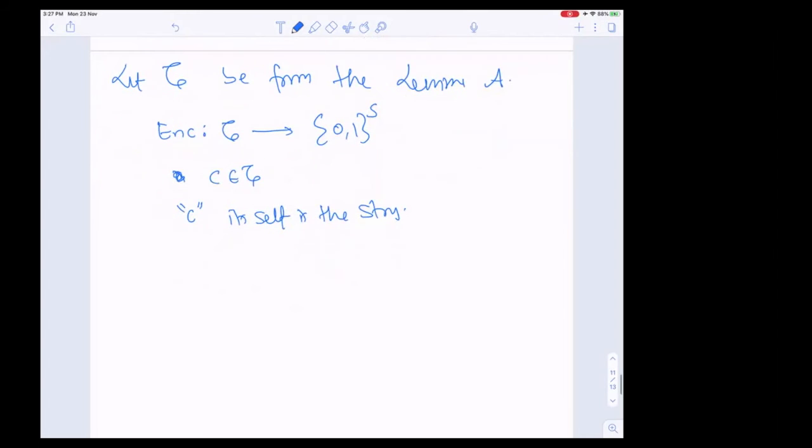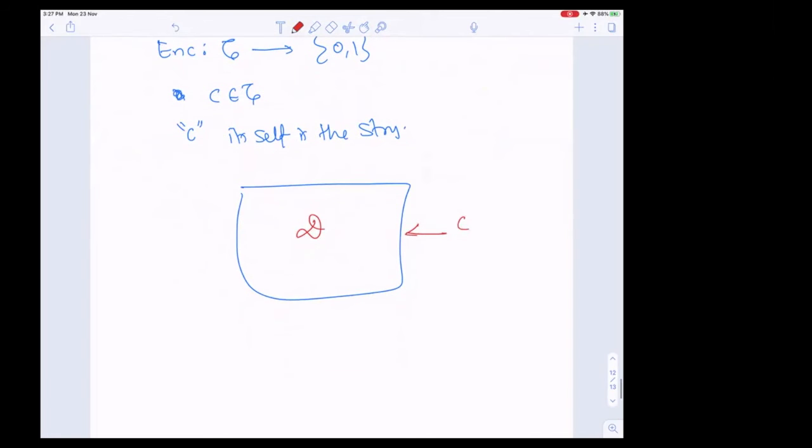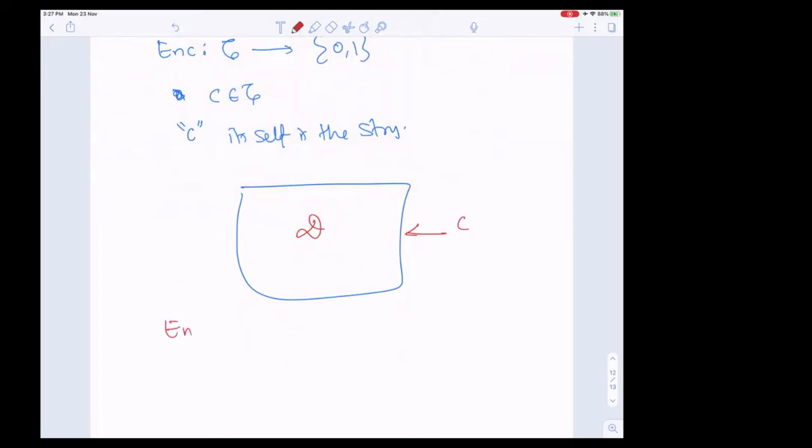Now, here's your approximation algorithm, D, okay? Now, you give it c, okay? And now, what will be the encoding of c? Encoding of c will be the memory content of D on c. That's it.